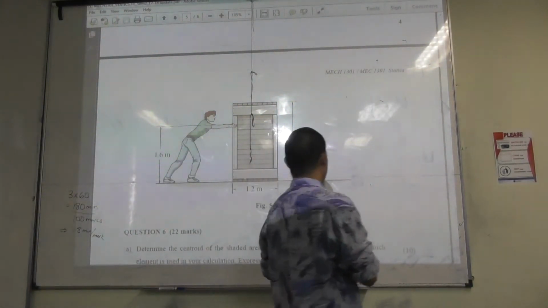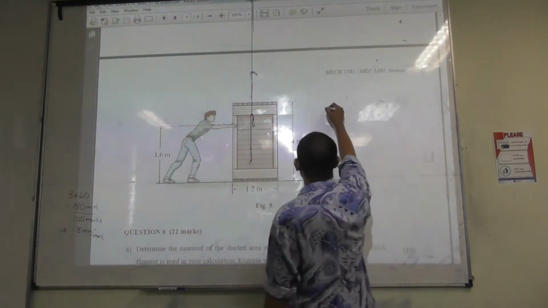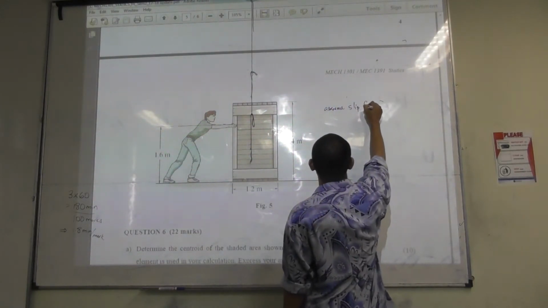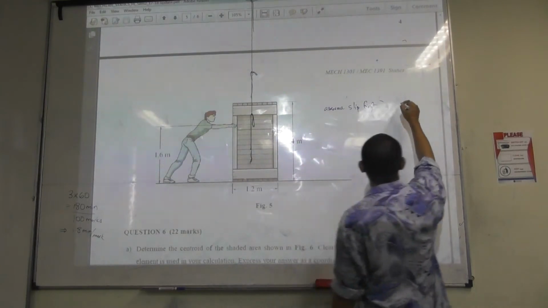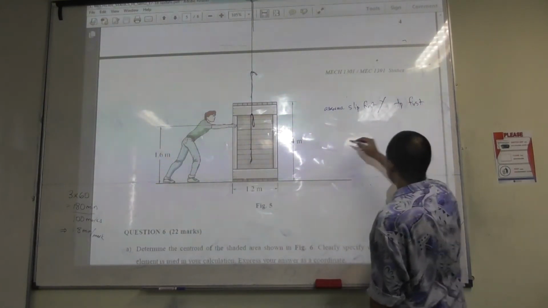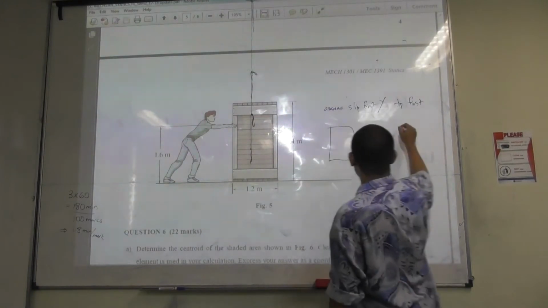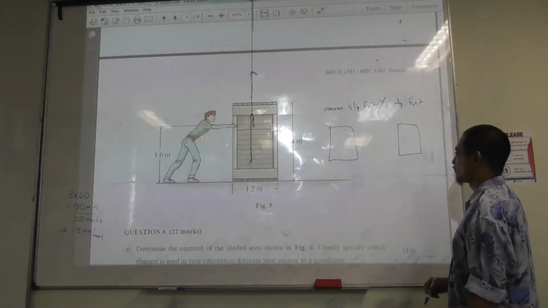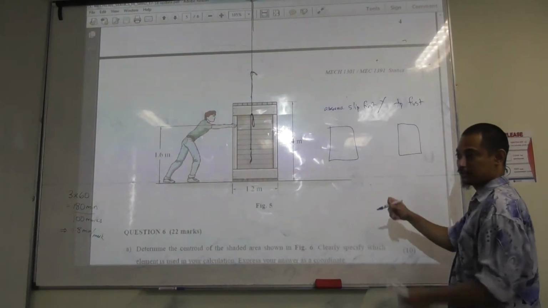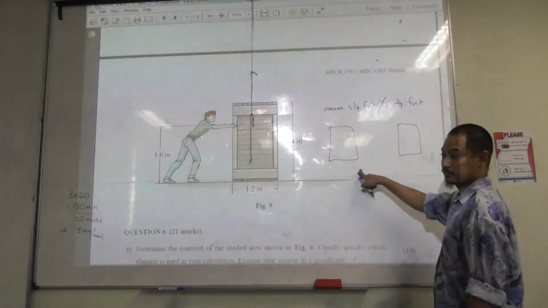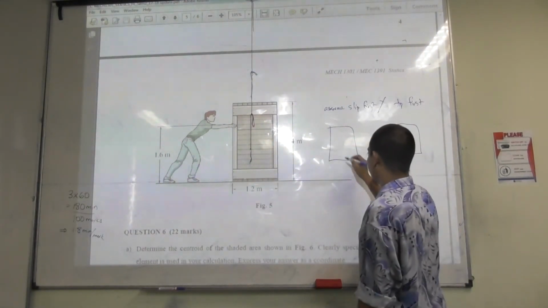Right. So what do you have? You have assume slip first, or assume tip first. For slip first and tip first, what's the difference? What now? Normal. Which normal, which is not normal? Slip first? Slip first.